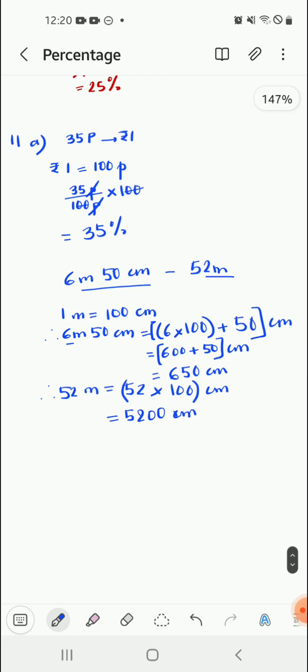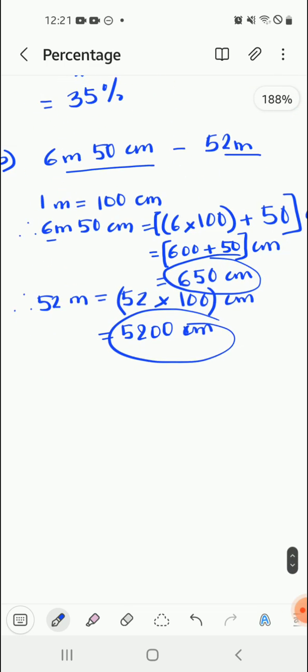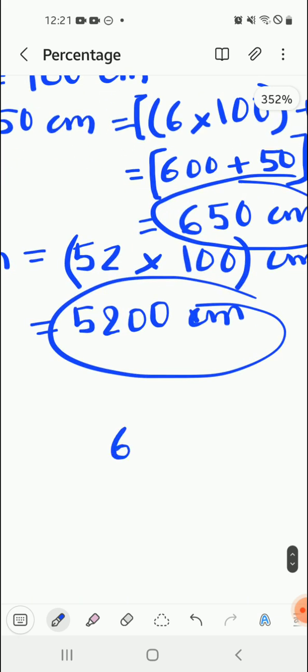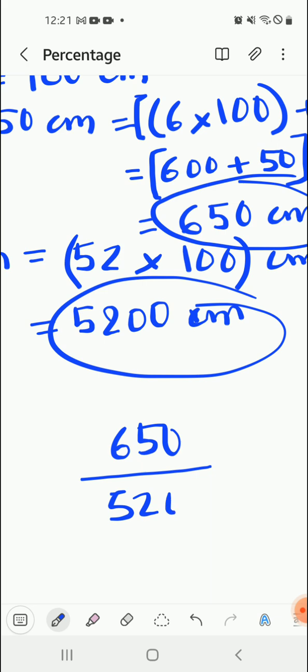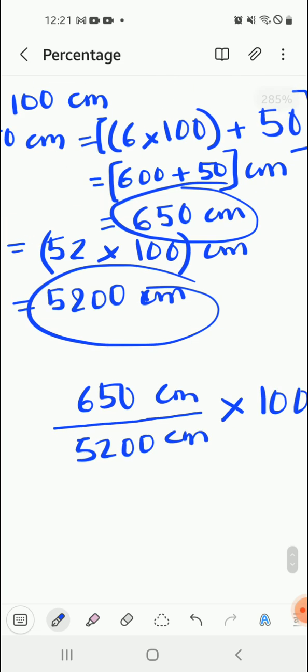So now we have got both of these in centimeter, 650 and 5200 centimeter. Now we are going to find the percentage. So percentage is 650 by 5200, both in centimeter, so the units will get cancelled, and we have to find the percentage, that's why into 100.